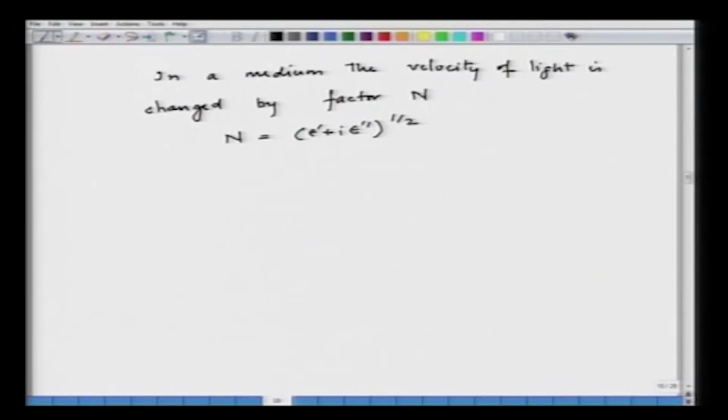We further know that this factor capital N is a complex number because it is a square root of a complex number, and some more material parameters are defined from here. These are our optical properties of the material. Remember, we talked about n, which is basically the refractive index, and kappa, which is the extinction coefficient.